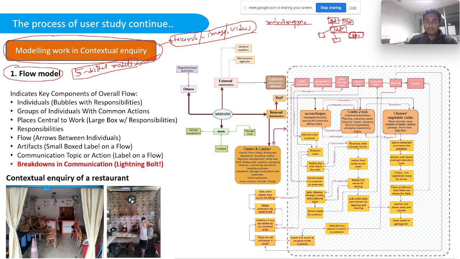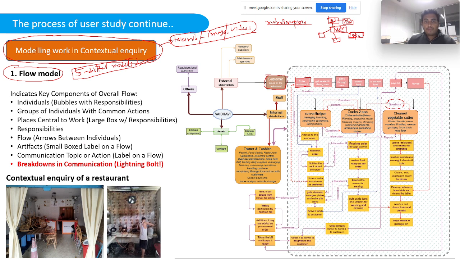Okay, so customer is a stakeholder, then a set of actions, then the communication, the kind of communication you perform between two individuals or between two actions. Okay, so all that information about a system or about a context you capture using such a graphical model. Okay, so this is what we call the flow model.